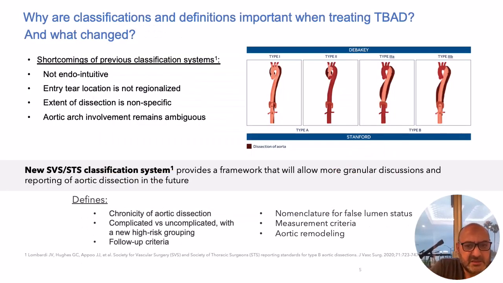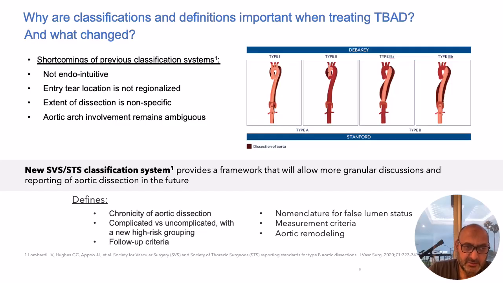The old classifications, the Stanford classification and the DeBakey classification, were useful for a while, but as endovascular therapy evolved, and as we vascular surgeons, and also cardiac surgeons who do a lot of these as well, have been doing work within the aortic arch, we gained a lot more knowledge on the treatment of type B dissection, and the relationship between type A and type B dissection, because a lot of times you start off with type A, but then you have type B, and you have to deal with that at a consequent time.